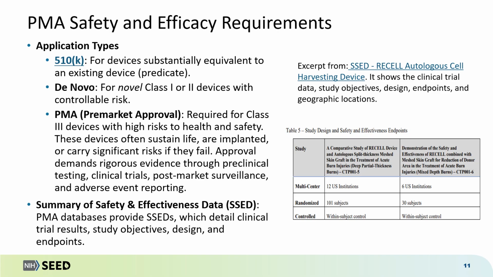PMA applications are the most rigorous, requiring extensive clinical trial data, safety and efficacy evidence, and ongoing post-market monitoring. This pathway ensures that devices posing high health risks are extensively tested. The Summary of Safety and Effectiveness Data, or SSED, includes detailed clinical trial results, study objectives, and other critical regulatory information.